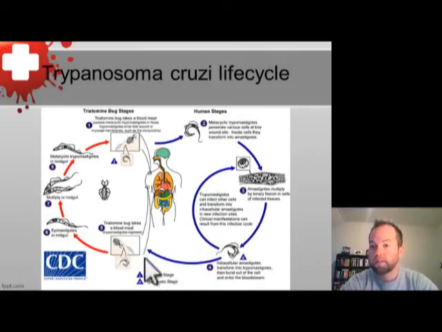Inside the reduviid bug, the trypomastigote will travel to the midgut and develop into an epimastigote where it will reproduce by binary fission, and the epimastigote will then produce more epimastigotes, which will develop into metacyclic trypanosomes in the hindgut, where it will be passed in the feces as it takes a blood meal from its next victim.